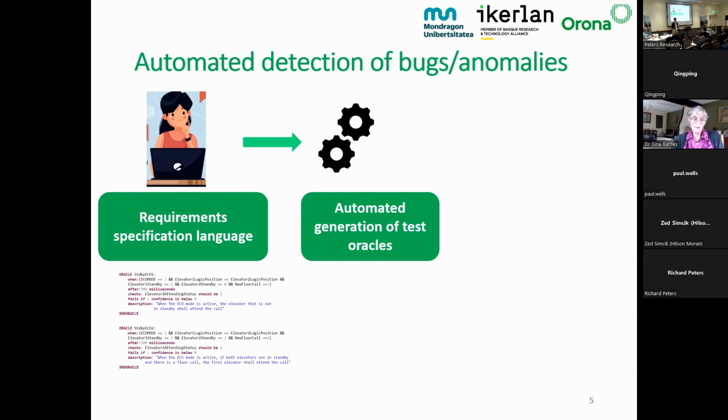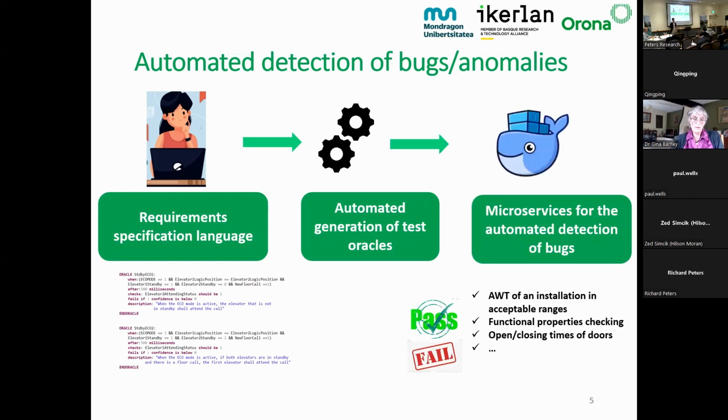Oracles are software components that automatically verify whether the system is behaving as expected or not. With these oracles, we generate the code and pack it into a Docker microservice and deploy it wherever we want. This can be either in our personal computer, communicating the Elevate simulator with this microservice, in the hardware in the loop test bench, or directly in operation.